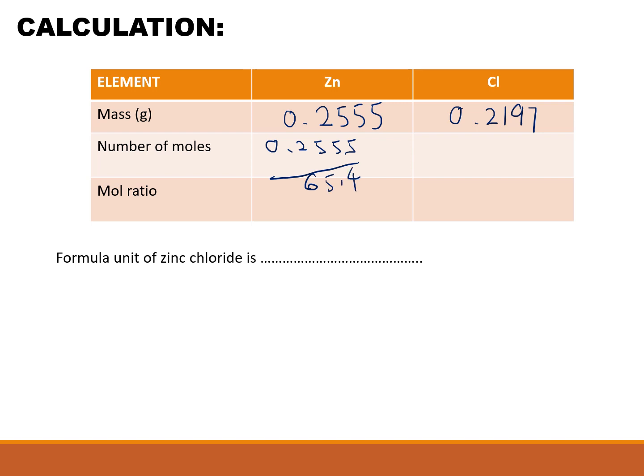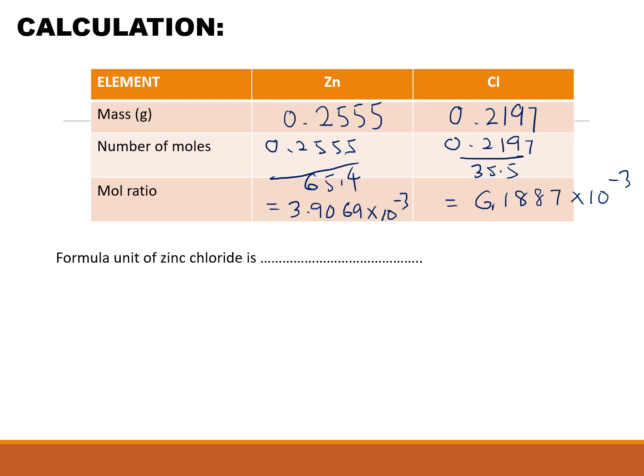For the number of moles of Cl, it is 0.2197 divided by 35.5. So at the end, I will get the answer 3.9069 times 10 minus 3. For this one I get 6.1887 times 10 minus 3.